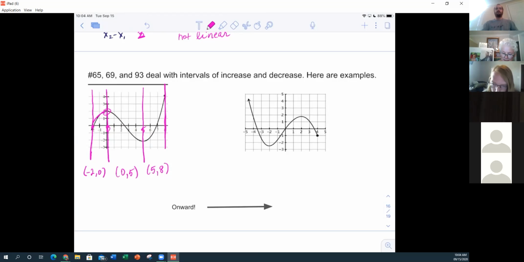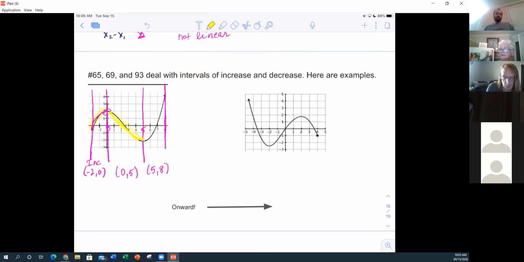Always use open brackets. So what is happening between -2 and 0? Is that increasing or is that decreasing? It's increasing. Yes, it's going up from left to right. What is happening between 0 and 5?